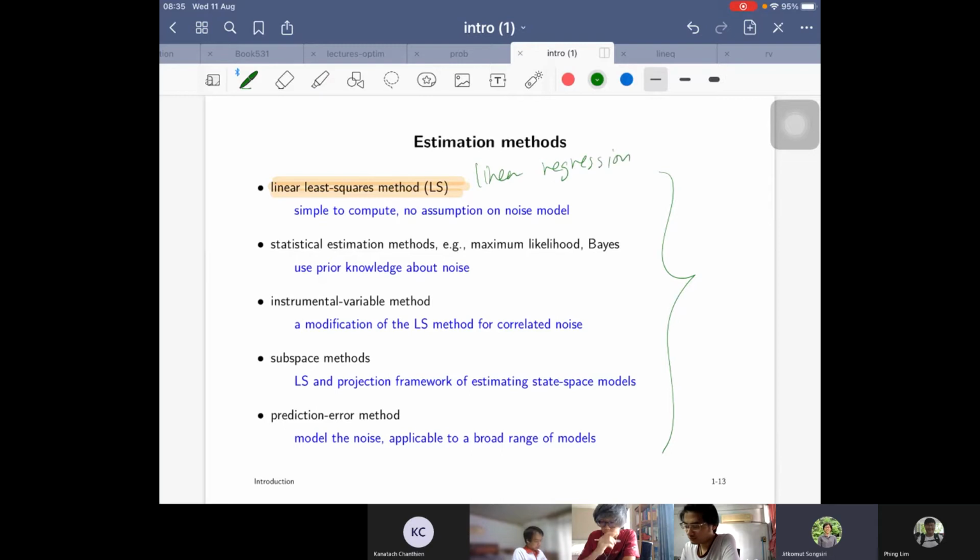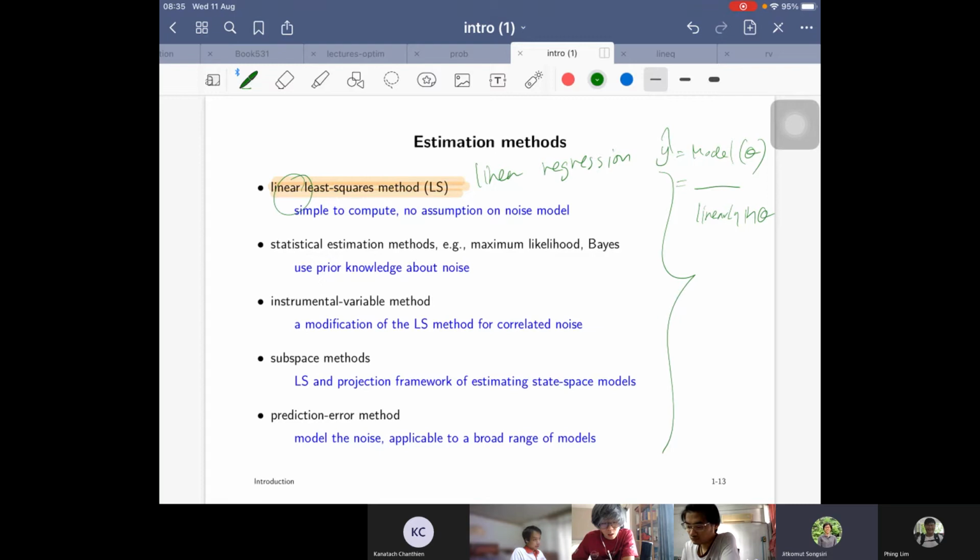This is simple to compute, with no assumption and no use of noise properties or noise characteristics to estimate the parameter, but it requires the assumption that your model, your y hat from your model, must be parameterized linearly in theta. We will go into detail on that.